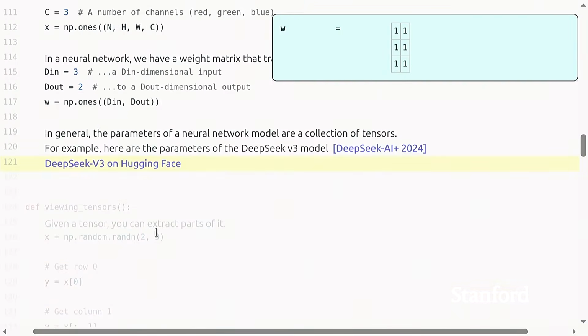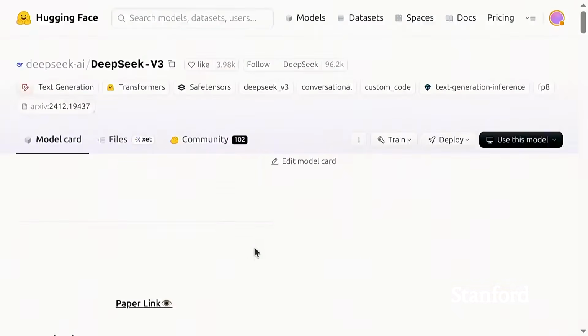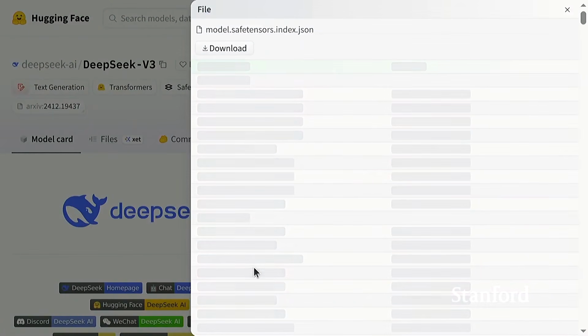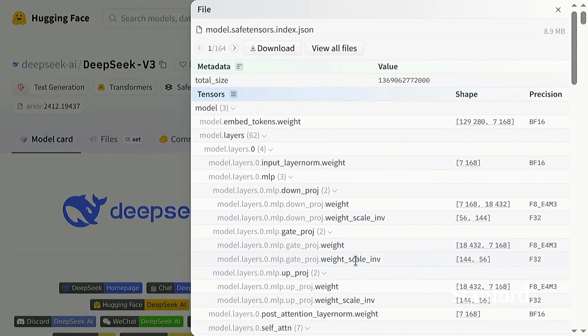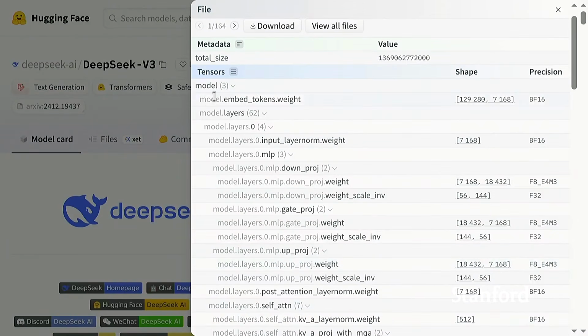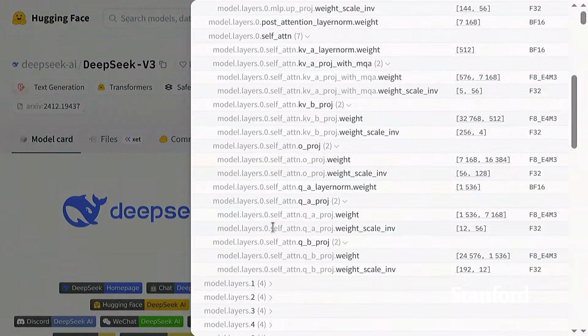For example, if you go on Hugging Face and look at the DeepSeek v3 model, a 670 billion parameter model, and you look at the parameters, you'll see that for every layer there's a bunch of matrices, where each matrix is, let's say, 7,168 by 16,384. So in general, the parameters of a model are just a bunch of tensors.